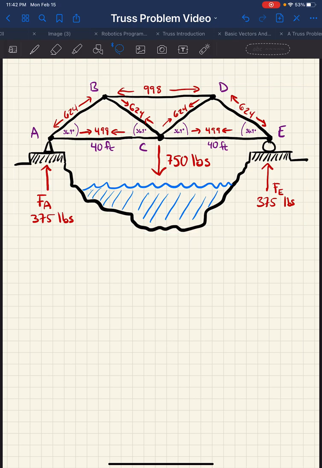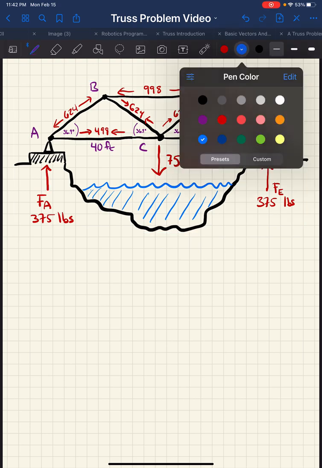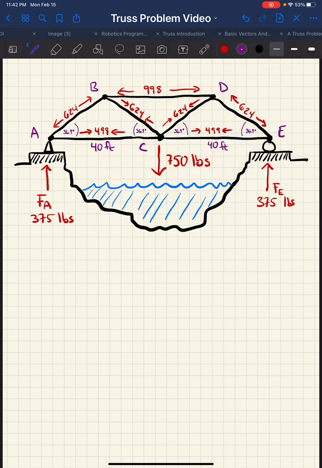So here's our whole system, and now we can just write out the sum of the forces on here. FAB is 624 pounds, and it's in compression. It's pushing out against the compression. FAC is 499 pounds, and it's pulling in against the tension that it's under.